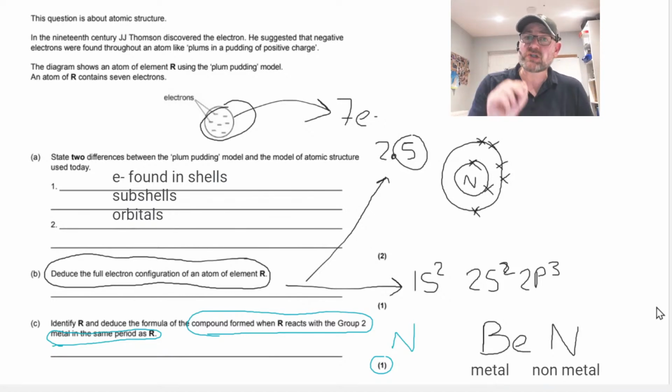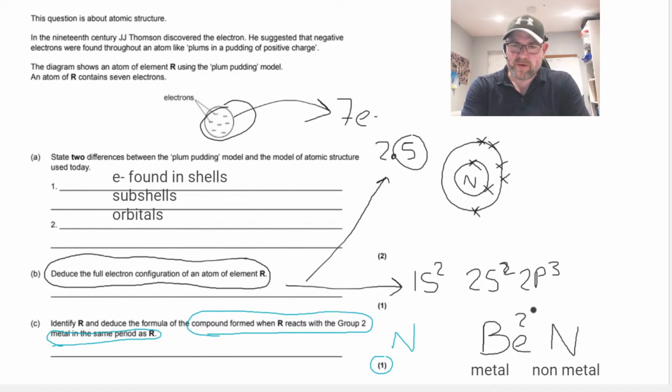What's the charge going to be on beryllium? When it becomes an ion, it's in group 2. Is it going to be +1, +2, or +3? How many electrons would it lose? Yeah, well done. 2+.